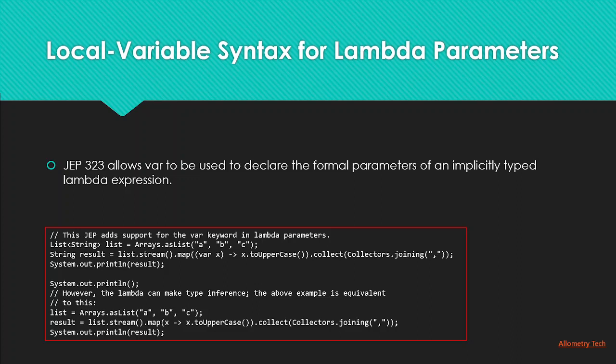It's basically allowing us to use annotations without specifying the type. When I say without specifying the type, it means we can use var, we don't have to write the type like String or anything, and we can use annotations. That was not possible before.